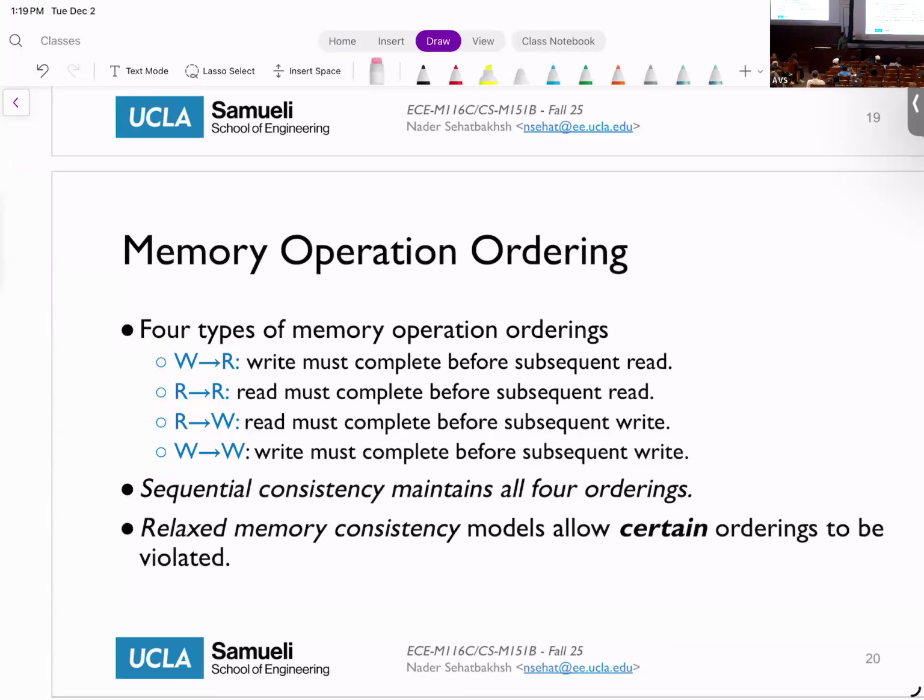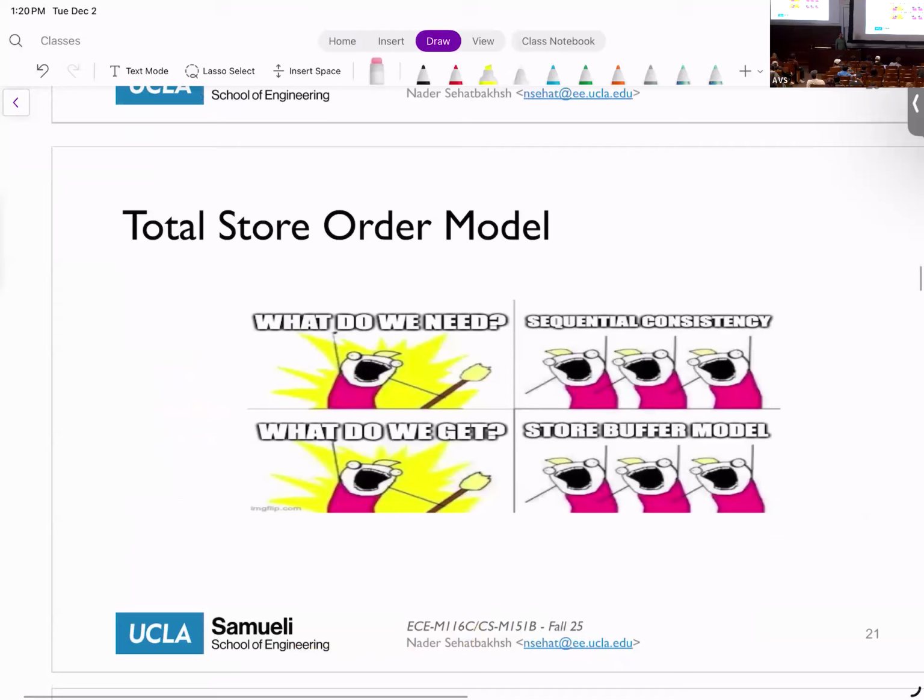Okay, so as I said, some of these reorderings become possible under a weak or a relaxed memory model. I'm going to talk about, I think, 3 different relaxed memory models. I'm going to talk about total store order, or TSO, and this is a very common one because all the x86 machines use TSO, so Intel is using TSO.